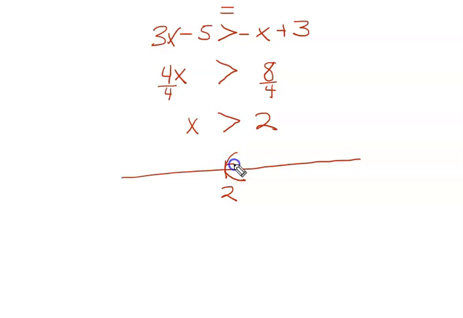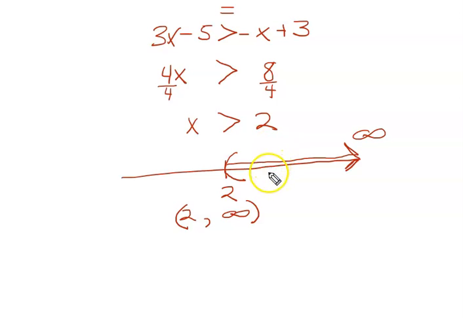And this indicates that all the values here, going up to positive infinity, are in the set of solution. And we would write this in interval notation as our 2 is not included in the set. That's what the parenthesis indicates. And this goes to positive infinity out in this direction.